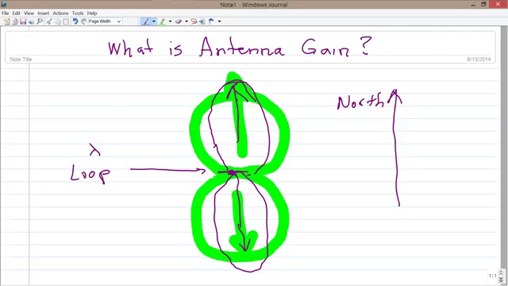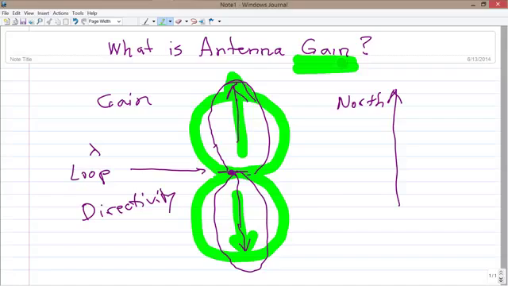You will have a little bit more gain than a dipole does, but you will also have directivity. And this is where the rub comes in, because when you hear about antenna gain, an antenna cannot actually give you more power from your radio than the radio puts out. All an antenna can do is distribute the power from your radio in a certain way.